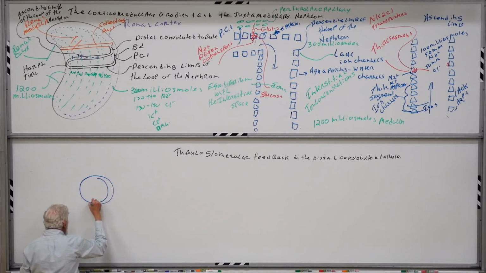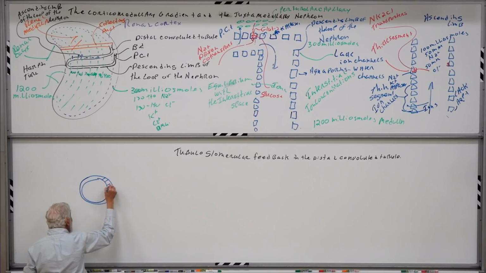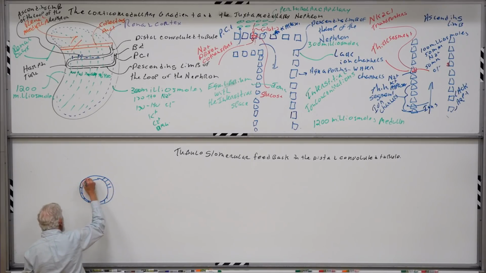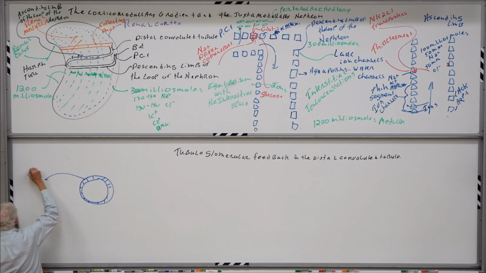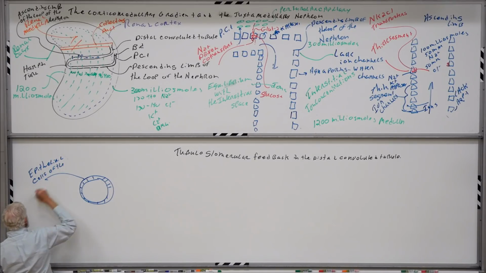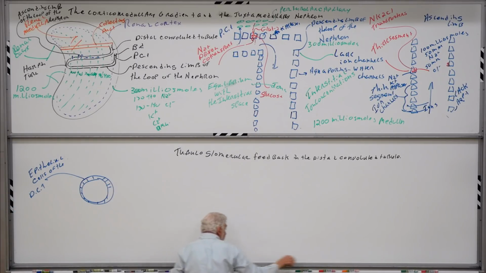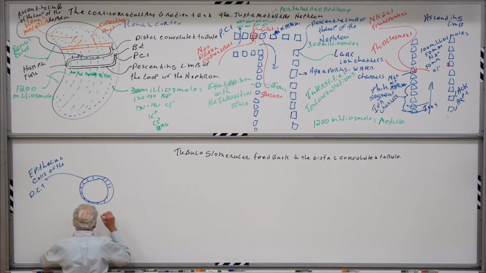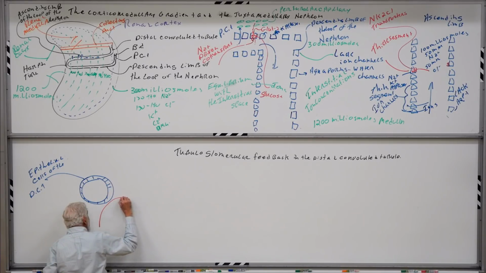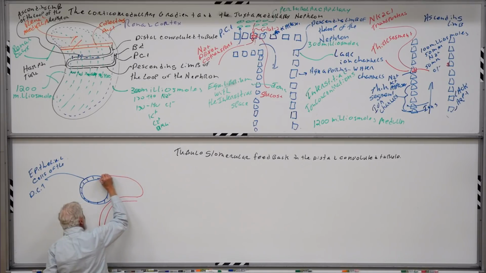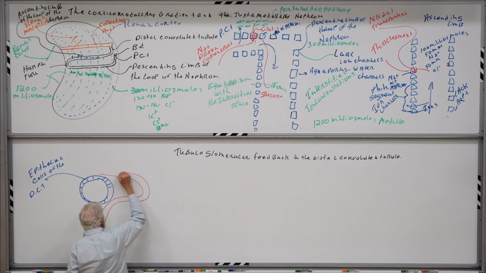And then I'm going to try to do these parallel lines, and then within this draw the so-called epithelial cells of the distal convoluted tubule. If we look at these epithelial cells, they are oriented in such a way that they come right smack dab up against both the afferent and the efferent arterioles.